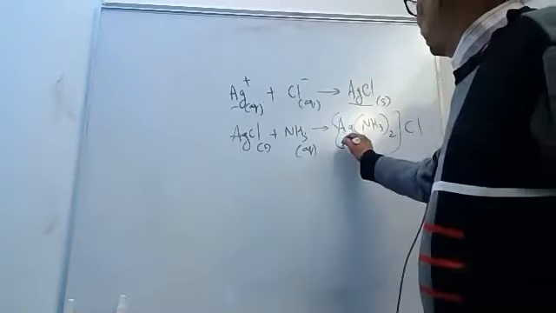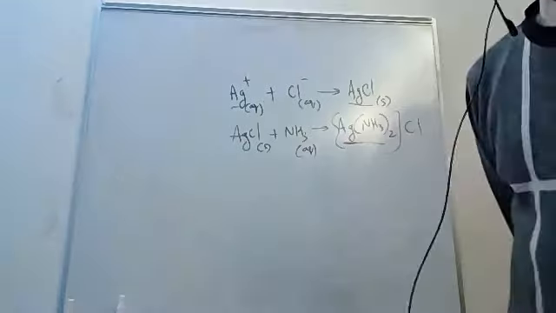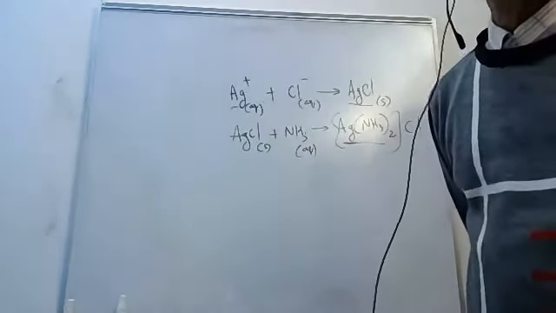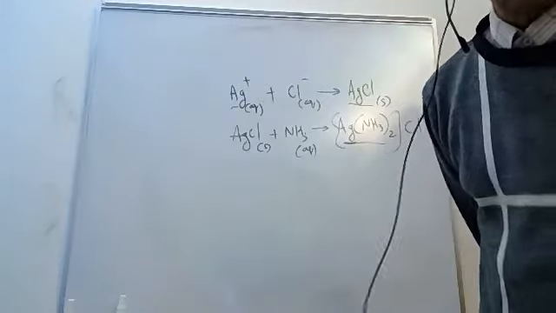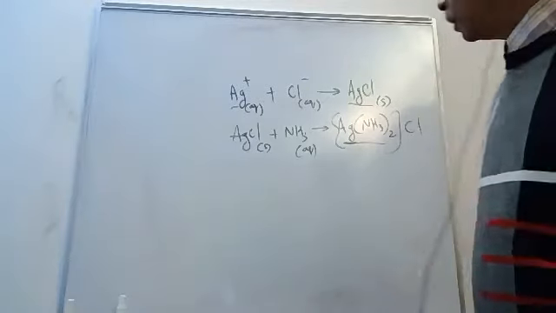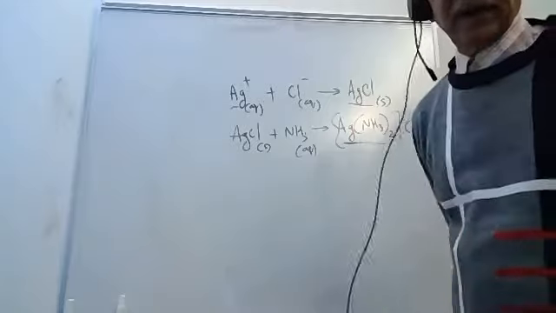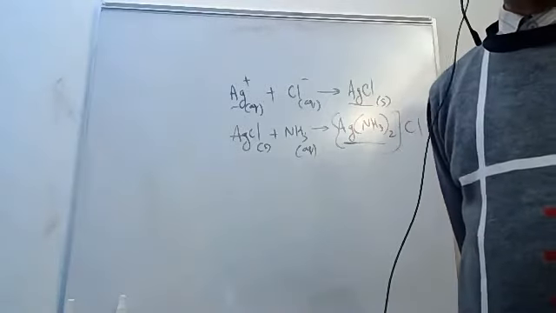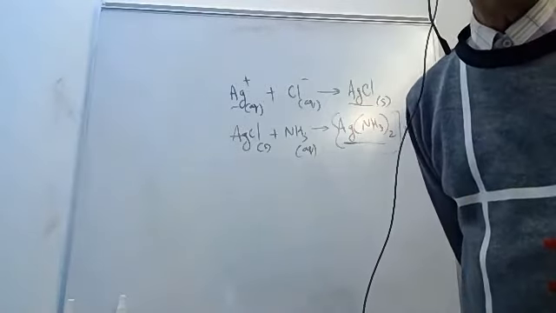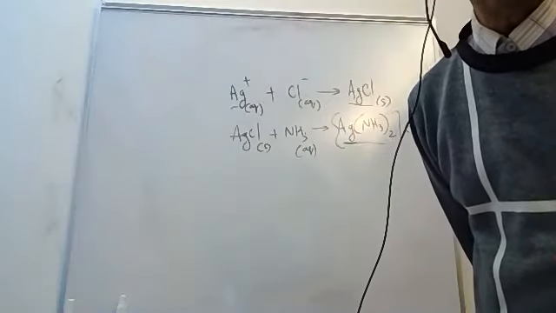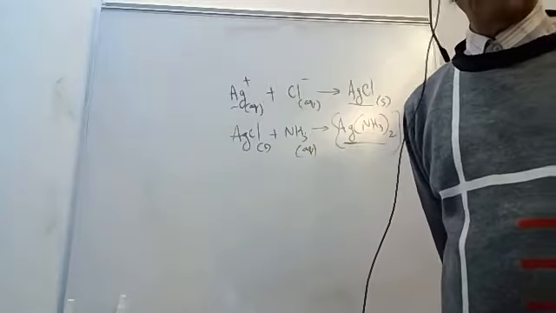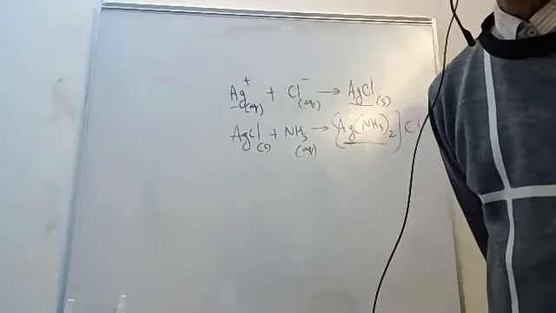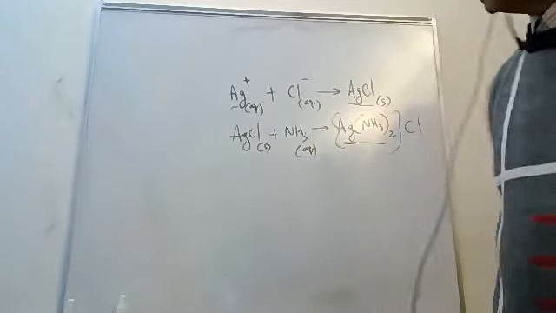But here, you're making a complex that appears to violate the valence considerations. In other words, the combination ratio here, silver to ammonia, is way above what is expected from normal valence considerations. And that's exactly what we mean by a coordination complex. These are a special class of compounds.